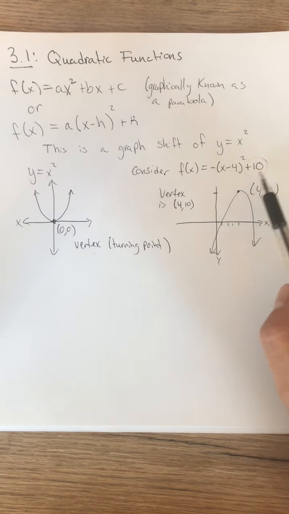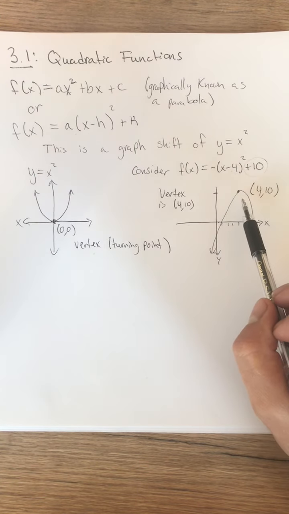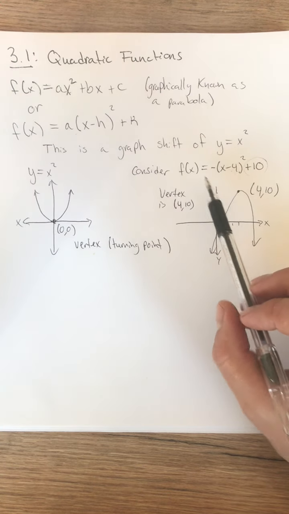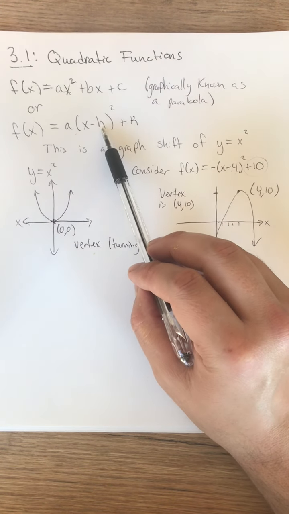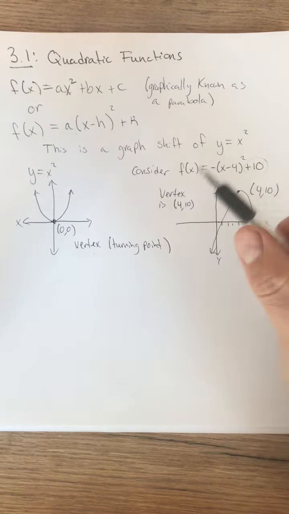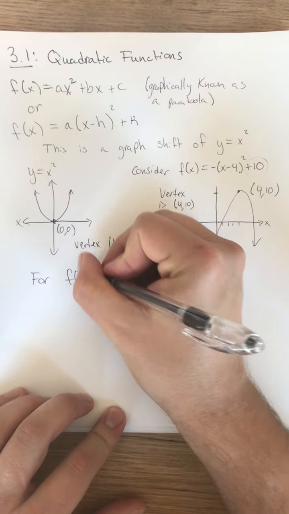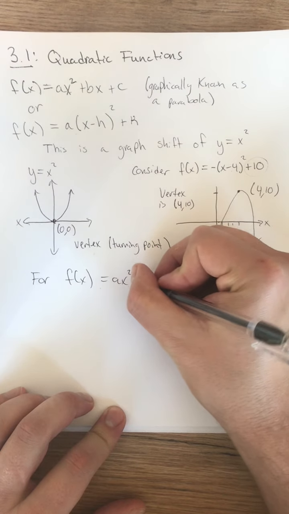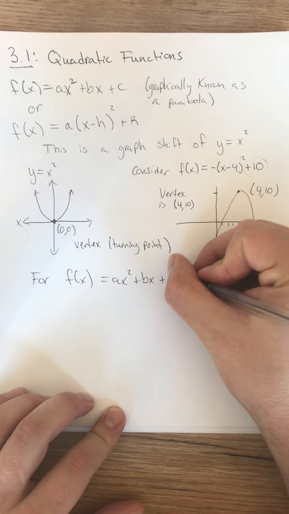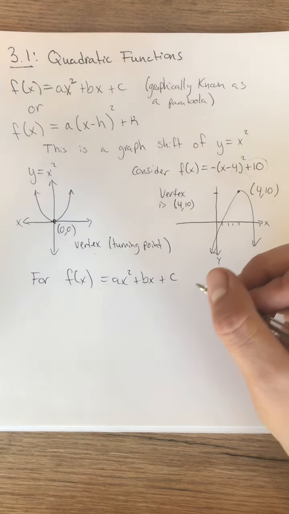So we can start graphing these functions a little easier if they're in vertex form. If they're not, we have an equation that gives us the x value of the vertex.